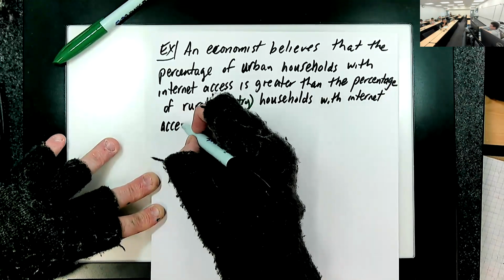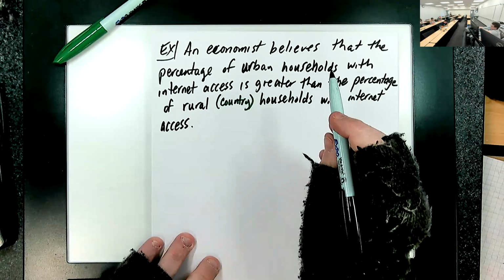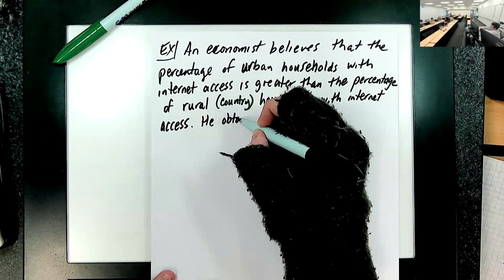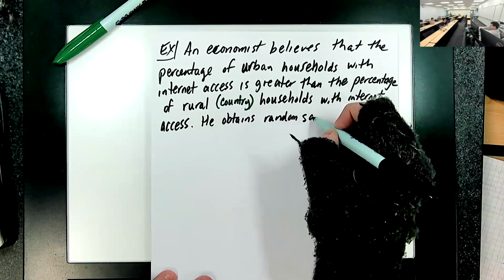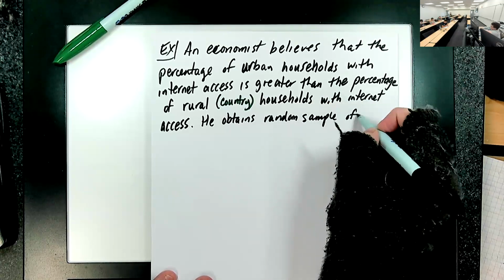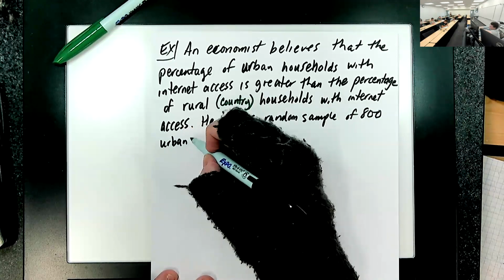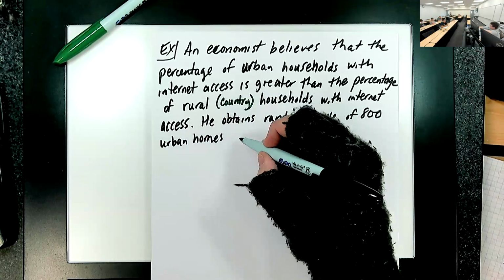It's going to take a while for y'all to write down the problem. I realize this. I'm just putting down the information. So he obtains a random sample of 800 homes, 800 urban homes, and finds 338 have access.